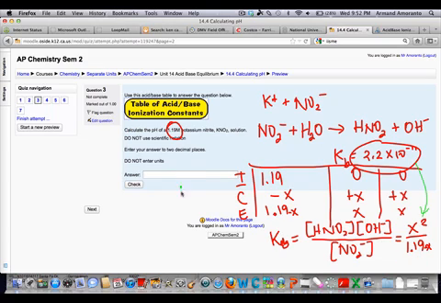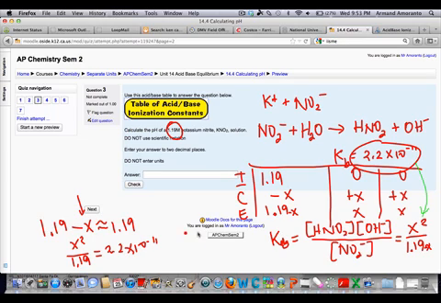And you could even assume for this particular problem, since Kb is 10 to the minus 11, 1.19 minus x is going to be so small a change that this is approximately equal to 1.19. The reason we can use this is because that's 10 to the minus 11, and for good approximations, I can just say x squared all over 1.19 is going to equal 2.2 times 10 to the minus 11.